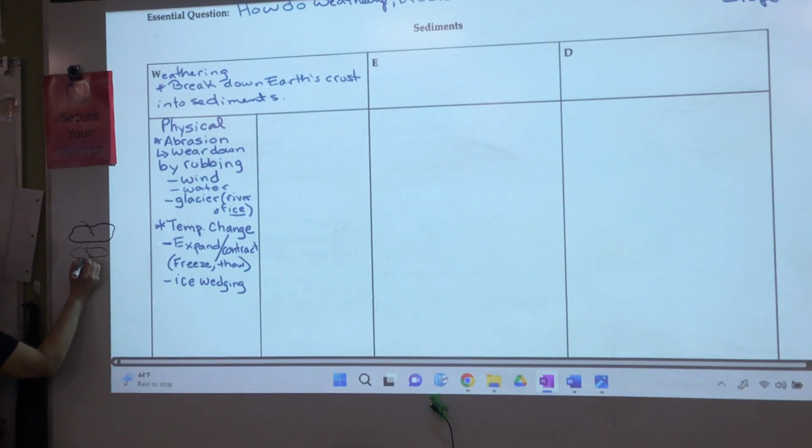But you've already cracked it a little bit deeper, and so then the next night, that water gets further down in that crack, and it makes it a little bit deeper, and over time, this ice wedging is because it's a little wedge of ice that is in there. And so it just wedges it and makes it bigger and bigger and bigger. Physical weathering, you've got direct contact with something.